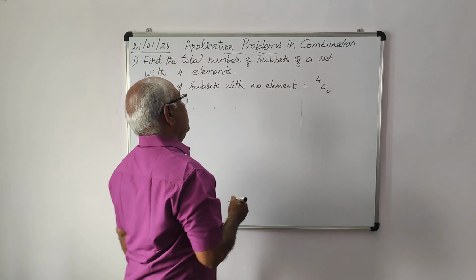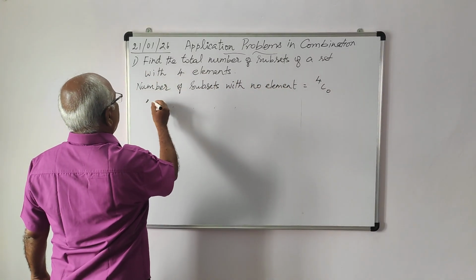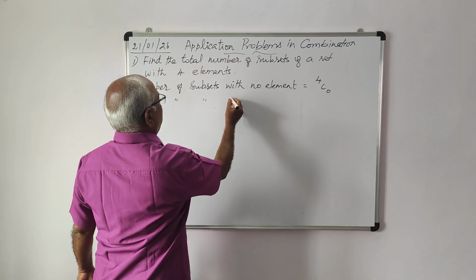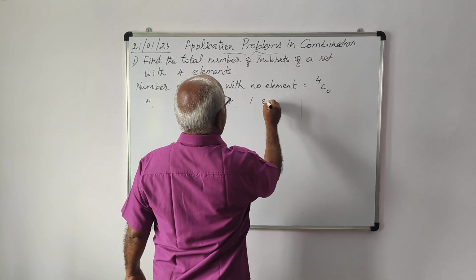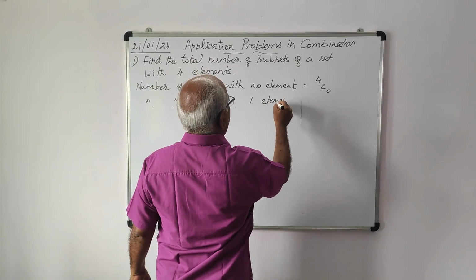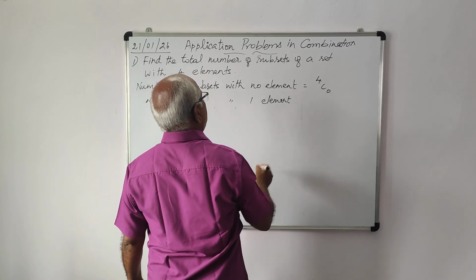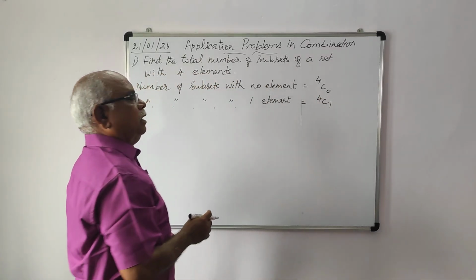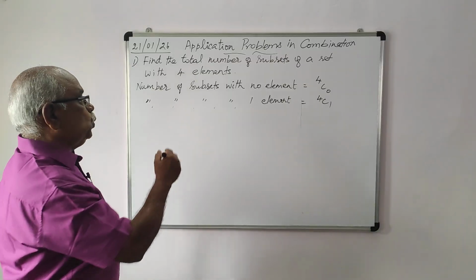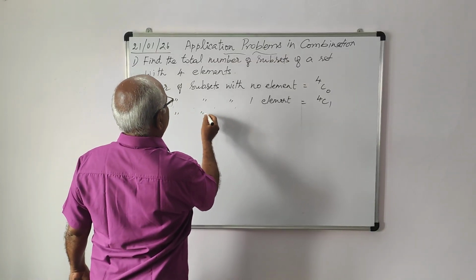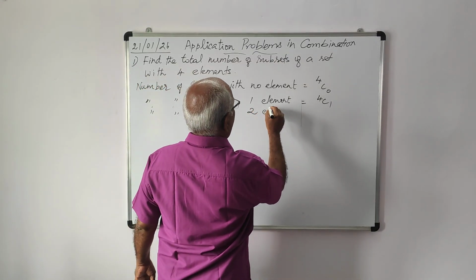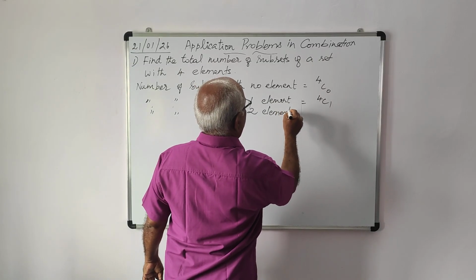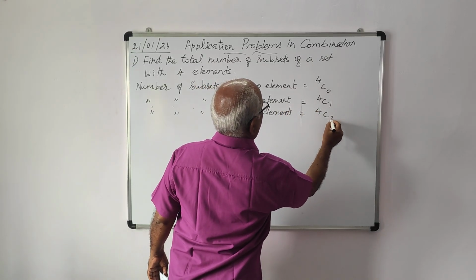And the number of subsets with 1 element is 4C1. The number of subsets with 2 elements is 4C2.